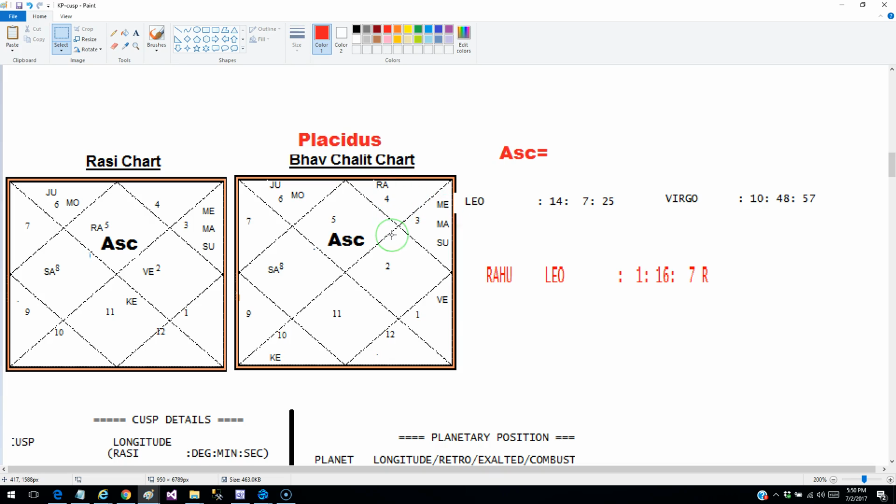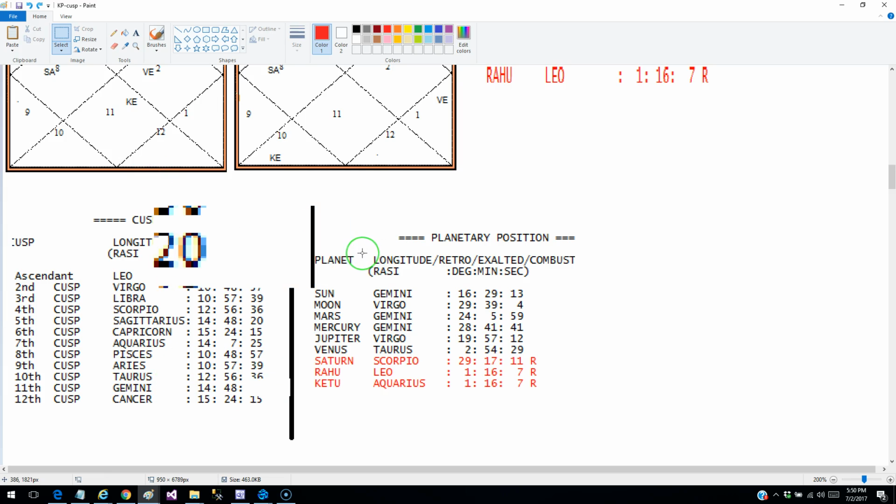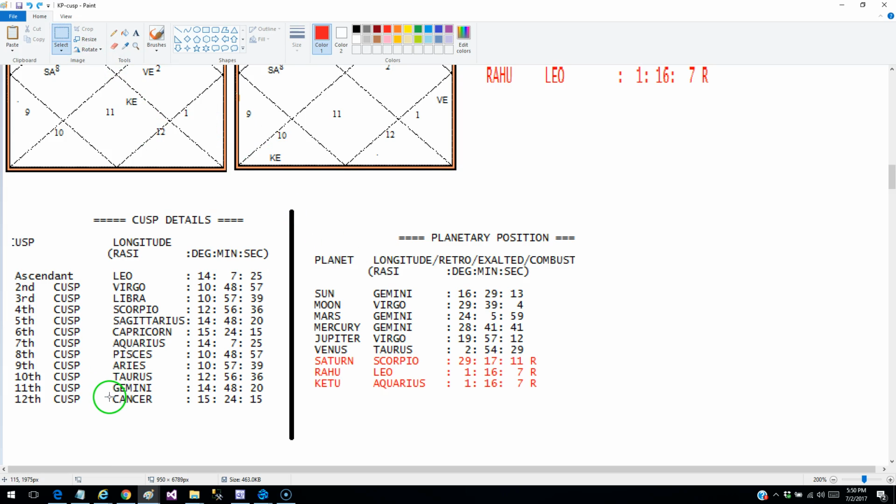If we look at the cusp of the 12th house, the cusp of the 12th house starts from Cancer, and ends here.